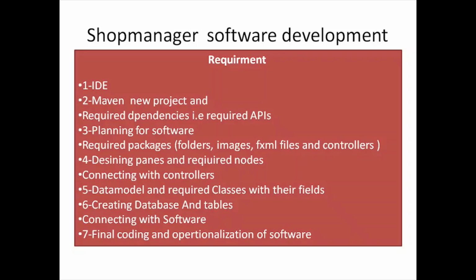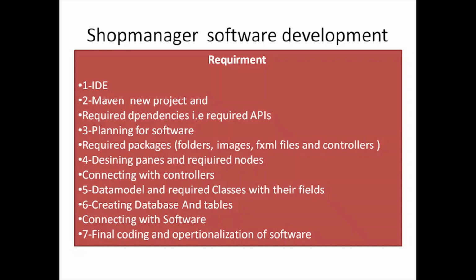The data model is connecting through the Java API, JDBC. So we must keep a database and a connector, and that connector will connect with the software. It will connect with the Java class.